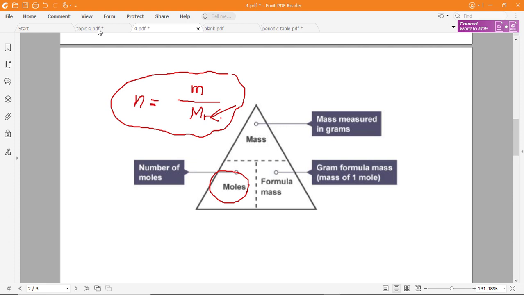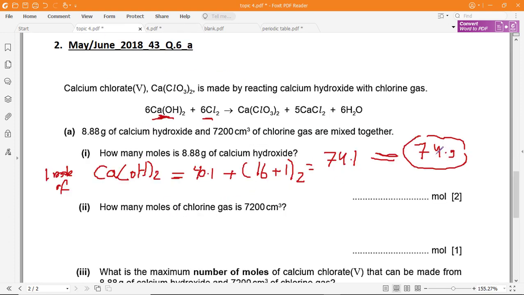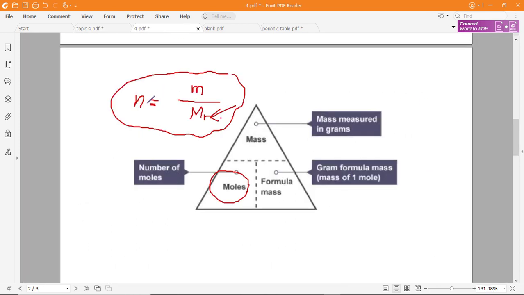So we take the given mass, which is 8.88. So we can write down here number of moles, using this expression: 8.88 divided by 74.